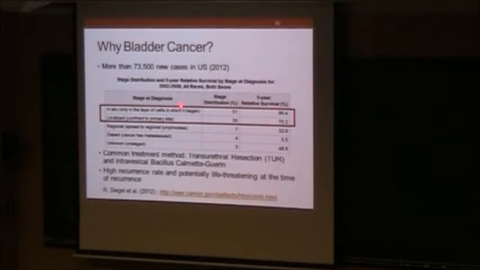But if you look at all these diagnoses, these are 5 different stages. And there's a 5-year relative survival percentage. And most, like 86% of the people who actually get diagnosed are only in stages 1 and 2. And their survival rate is very high.